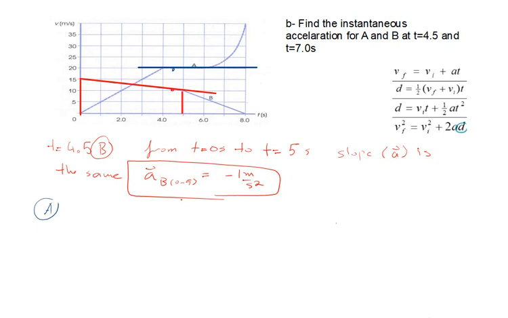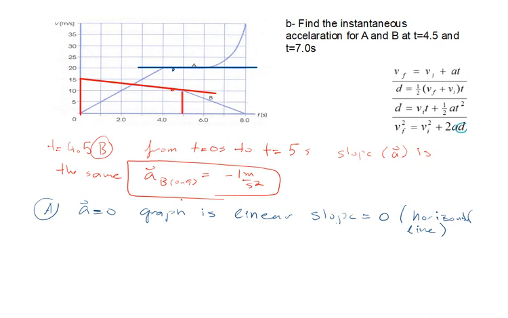For A, acceleration is 0, since the graph is linear with slope equal to 0, because it is a horizontal line. Okay, just make your life easier. You don't need to complicate things.